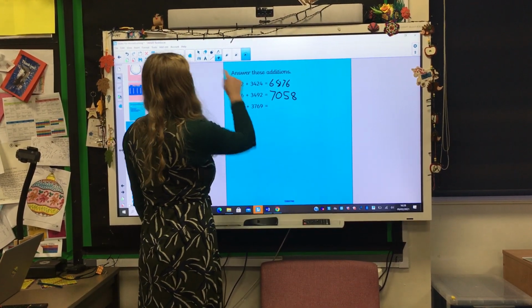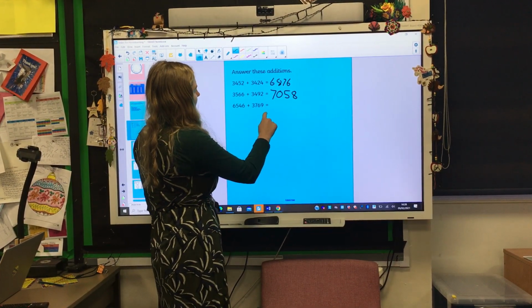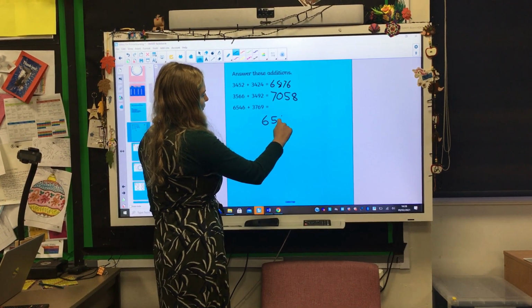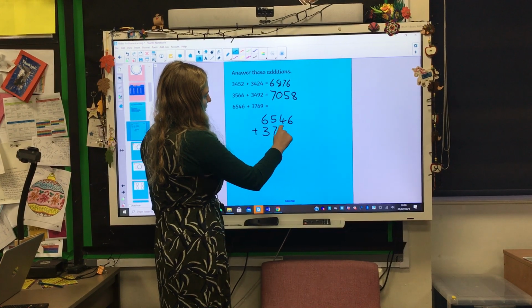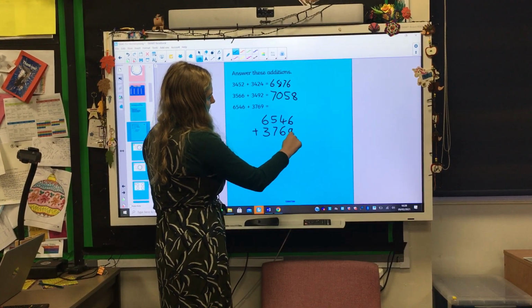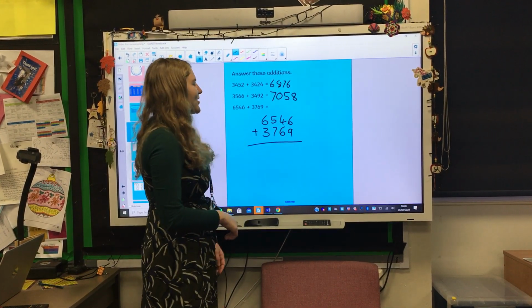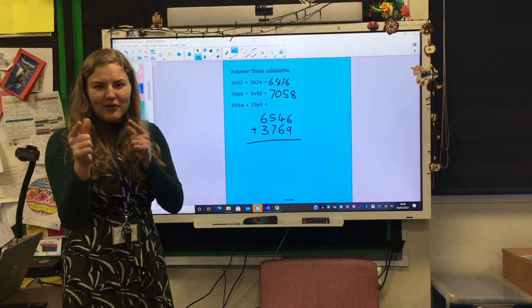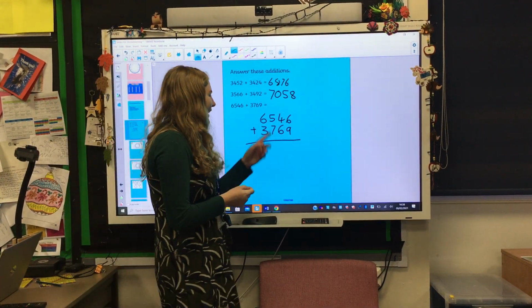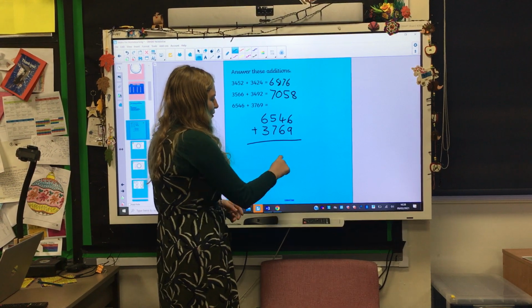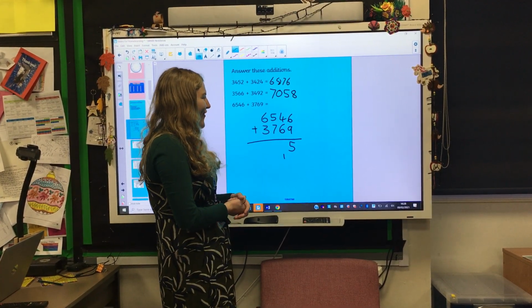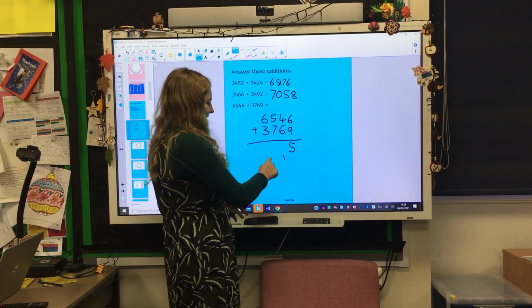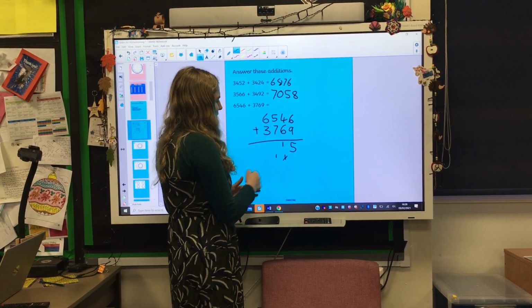Okay, and the last one we're going to do is 6,546 add on 3,769. Lovely. So there's going to be quite a bit of exchanging in this one. Get your exchanging brains ready. So again, we have got 6 add 9, which is 15. Then we've got 4 add 6 add 1, which is 11. Should we cross that out?